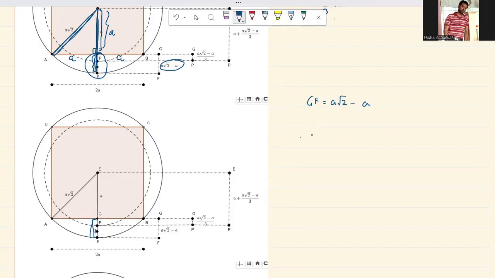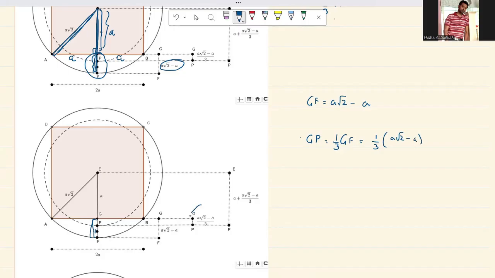But what was GP? As we have seen, GP was 1/3 of GF. So GP is how much? 1/3 of A root 2 minus A. I have written it here.